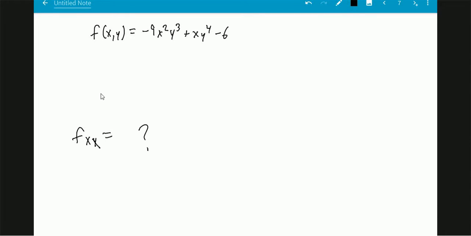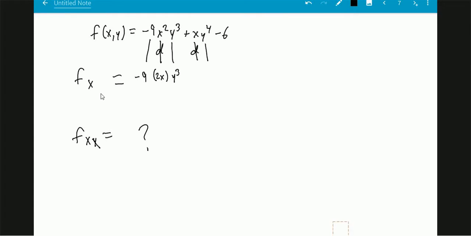Well, we can't get to f double x until we get f sub x. They don't ask us for that, but we've got to do that to get to f sub double x. So I'm going to do the line thing. Negative 9 x squared y cubed: x is my variable, I'm doing the derivative of x squared, and everything else comes down. Next term, you've got an x and a y to the 4th.